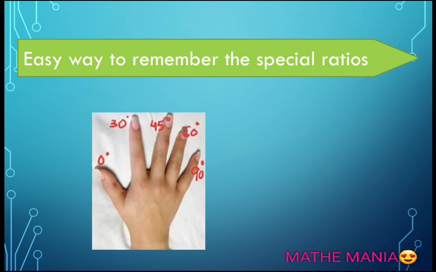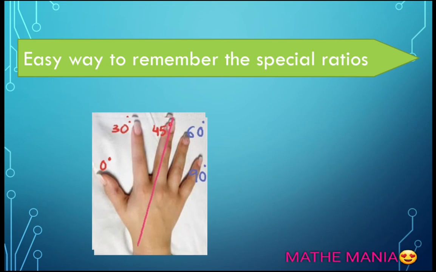Now whatever angle's ratios we have to find out, we will just fold that finger. I am showing here by drawing a line, but you will fold your finger. So for example, let us consider this case. We are folding the middle finger, that means we have to find out the ratios for 45 degree. Now count the number of fingers on one side of this, which is 2, and also on the other side of this, which is 2 again.